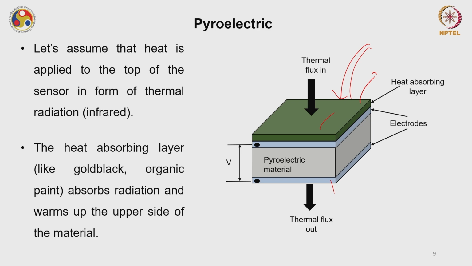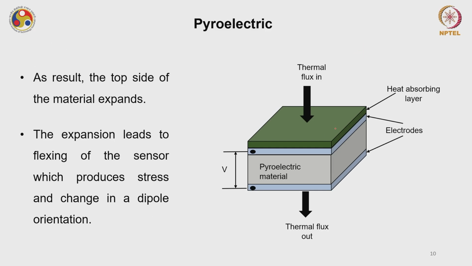This heat absorbing layer absorbs radiation and warms up the upper side of the material. So, this layer is now getting heated by the external flux of infrared. As a result, the top side of the material is expanding, or it starts showing some mechanical deformation.